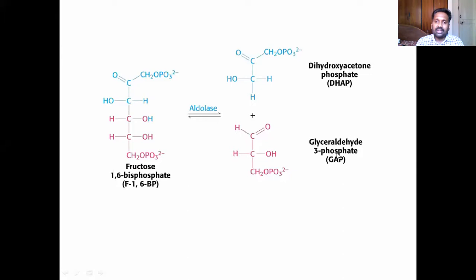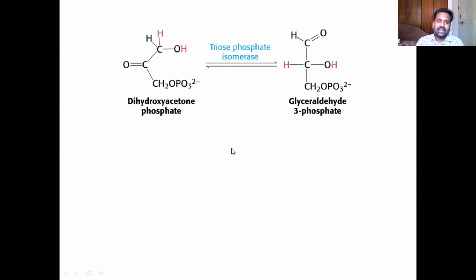Only glyceraldehyde 3-phosphate continues glycolysis. Therefore, all the dihydroxyacetone phosphate produced should be converted to glyceraldehyde 3-phosphate, which happens in this step. It is simply an isomerization of a ketose to an aldose. The enzyme involved here is triose phosphate isomerase.